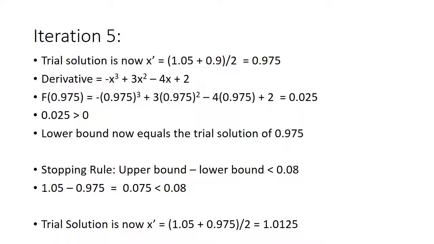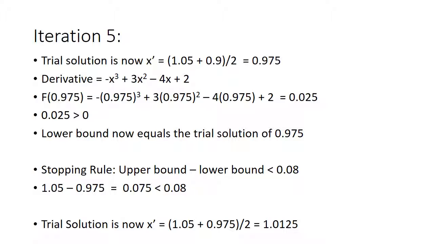We check our stopping rule. Is the upper bound minus the lower bound less than 0.08? We take 1.05, which is the upper bound, minus the new lower bound of 0.975, and we find that indeed 0.075 is less than 0.08.